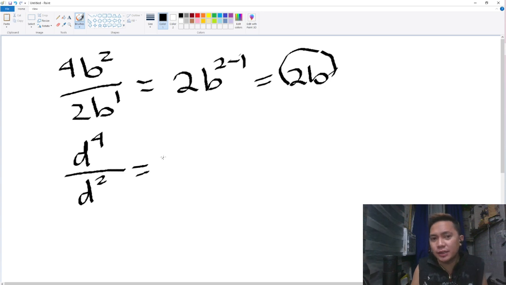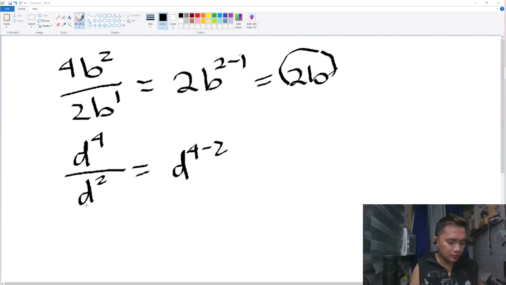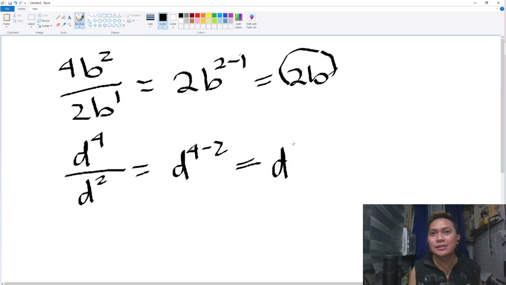Okay, so the answer here is d raised to 4 minus 2, that is d squared. 4 minus 2 is equal to d squared.